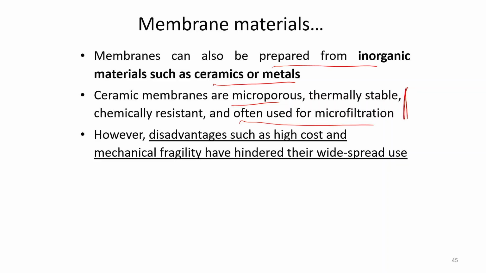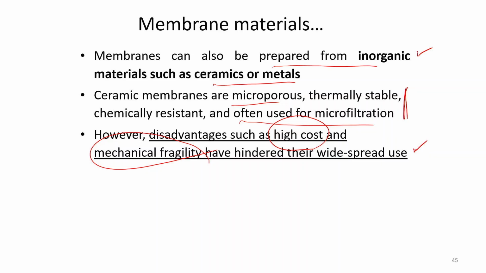The main disadvantage of these inorganic membranes is their high cost. The cost is very high and they are mechanically fragile. So, that is a problem and has hindered their widespread use.